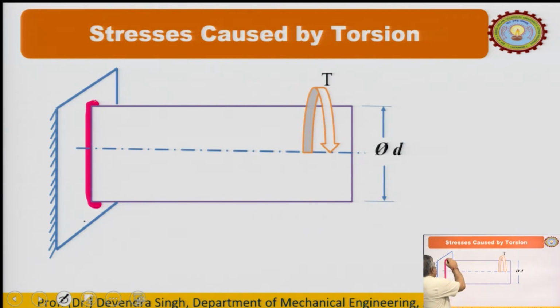This is the rigid support. If you apply it, then the twisting effect is there, and it will induce a shearing effect on the adjacent cross sections. They are trying to slip with respect to each other.